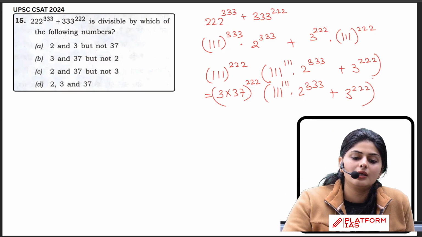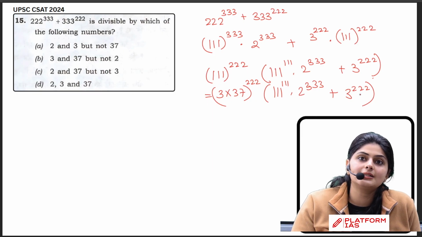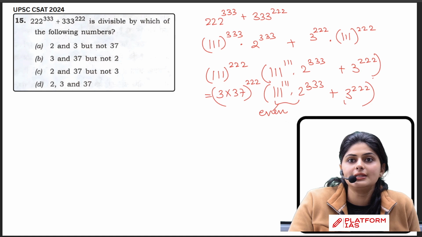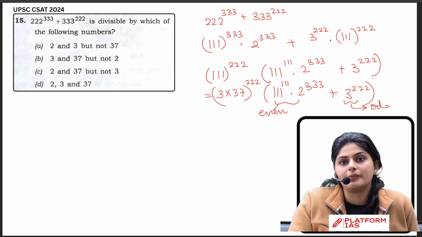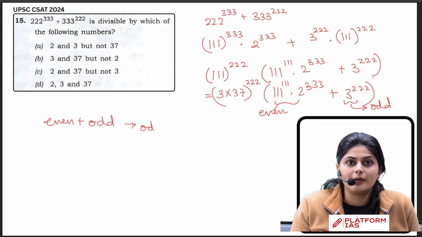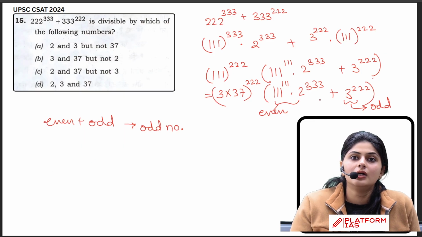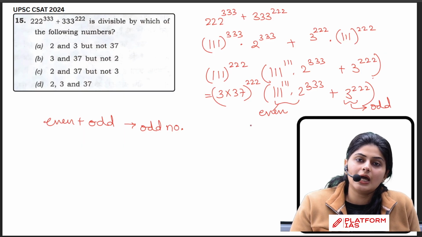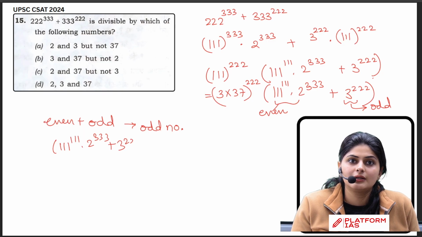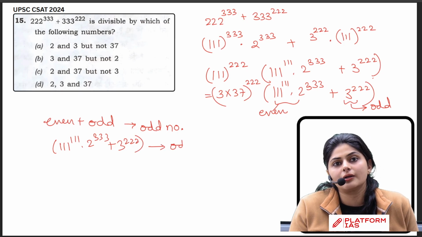Now if we look carefully, this will always give me an even number, and this will give me an odd number. And we know that when we add even plus odd, we get an odd number. So this entire product will be odd, so it won't be divisible by 2.